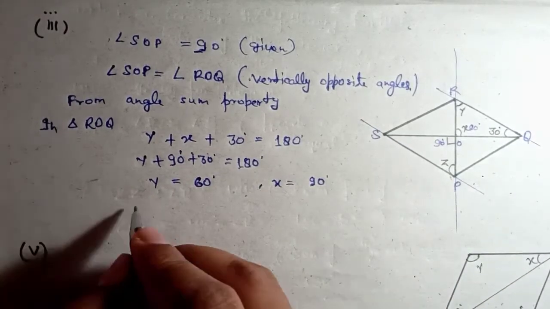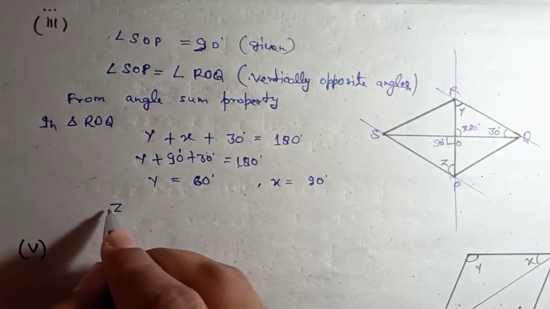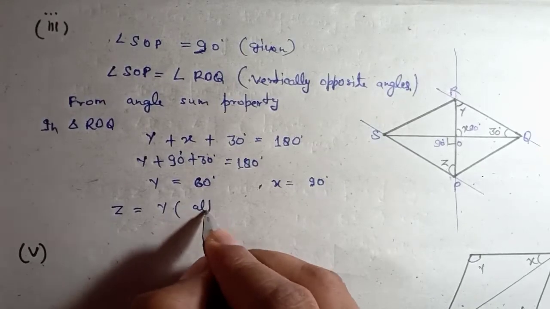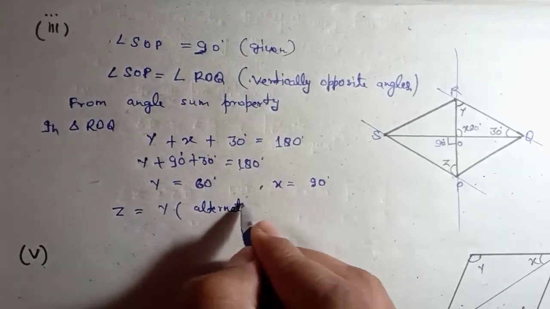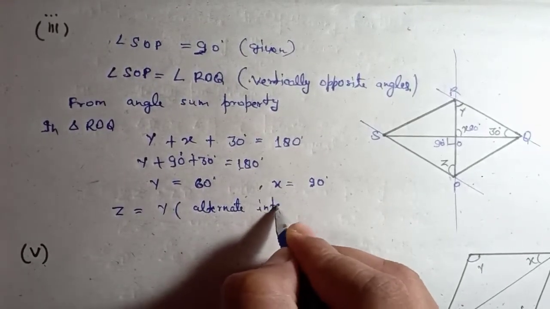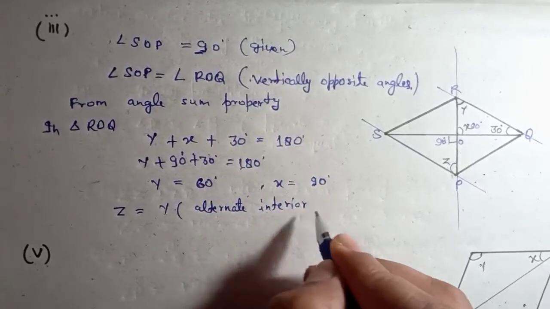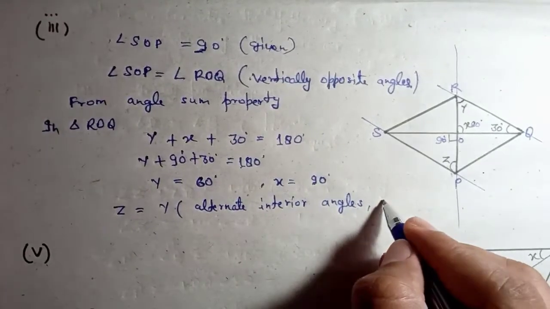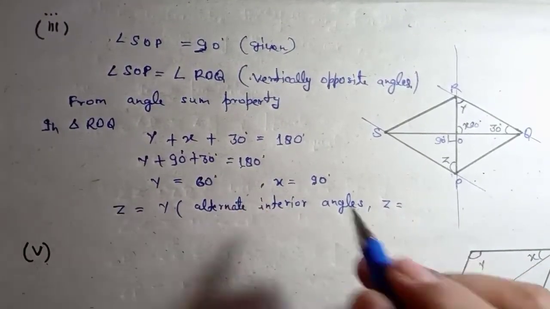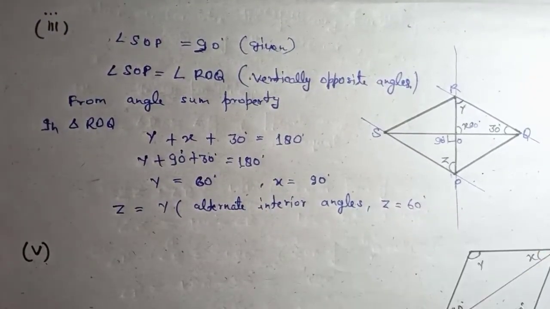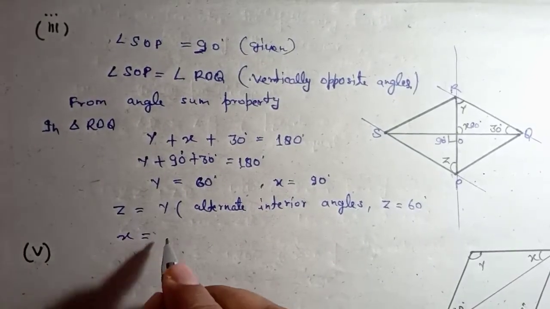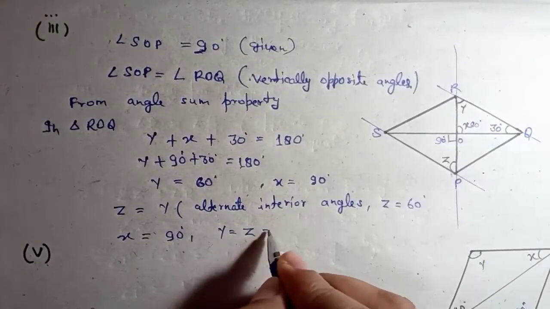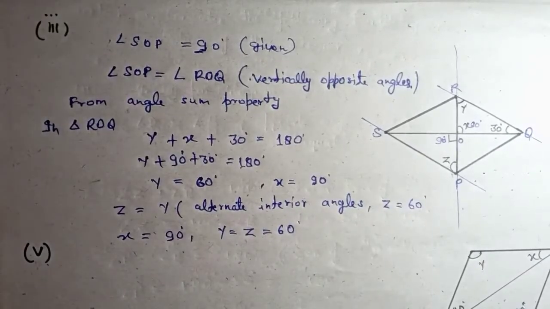So the value of angle Z is equal to Y because they are alternate interior angles. So we have Z is equal to 60 degrees. Now X is equal to 90 degrees, Y is equal to Z is equal to 60 degrees.